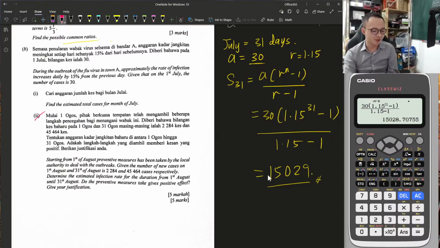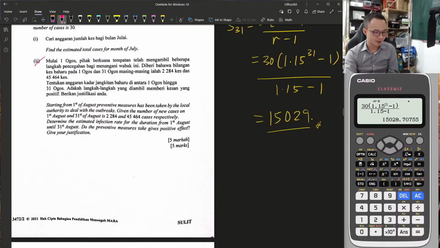Starting from the 1st of August, preventive measures have been taken by the local authorities to deal with the outbreak.